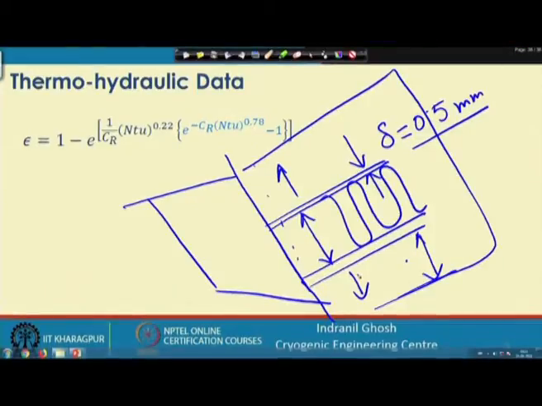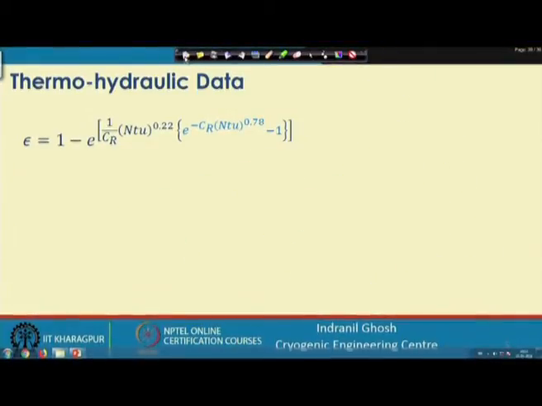Since the total dimension is given, the individual fin details are given, and we know the separating wall thickness, we would be able to find the number of fins on the gas side and the air side. Based on that information, we will be able to do the other calculations.